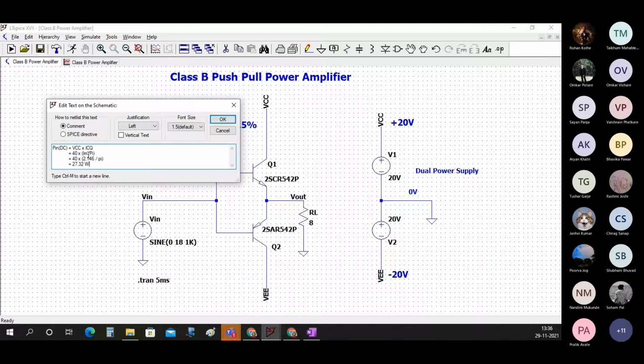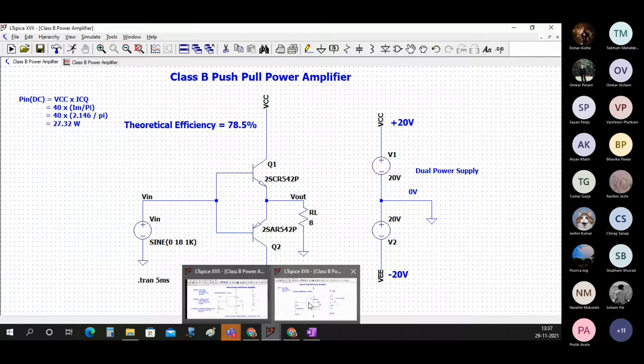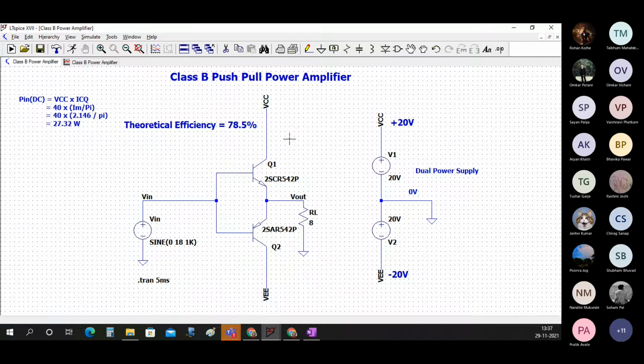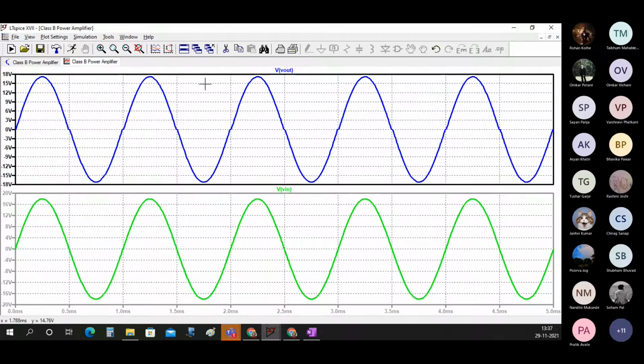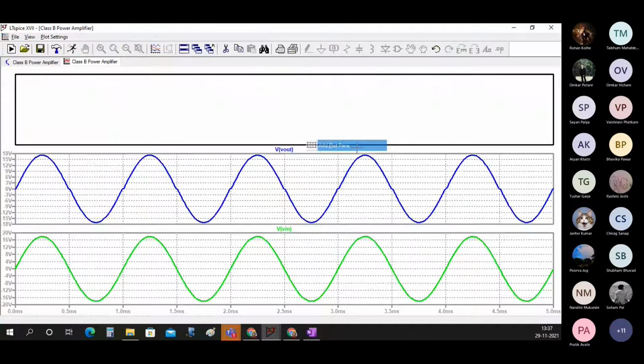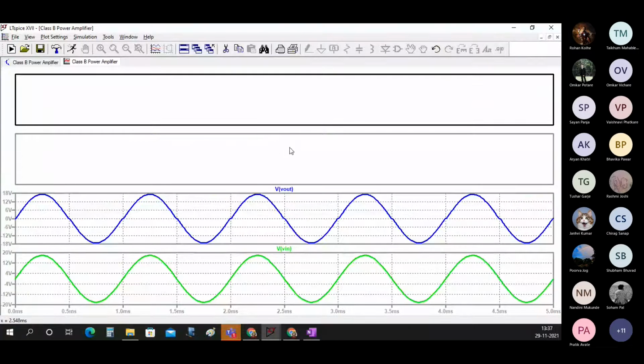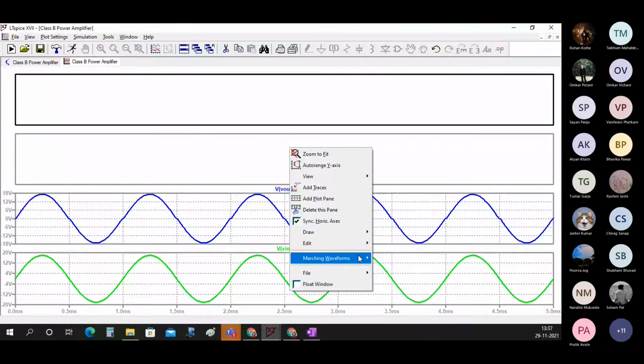Then all you need to do is find out the maximum current. Through this waveform we will find out the maximum value of the current. You cannot find the maximum value of current in V out, so I'll add one more plot plane and plot the current going through the load.